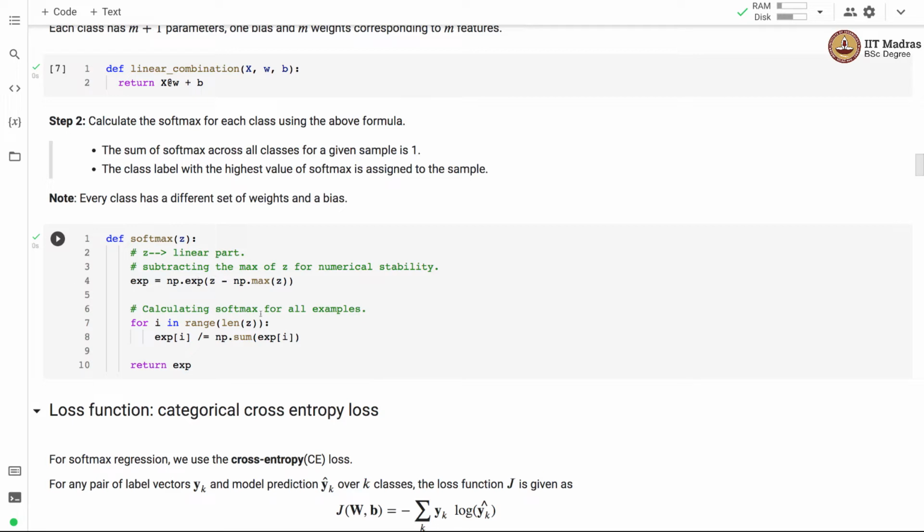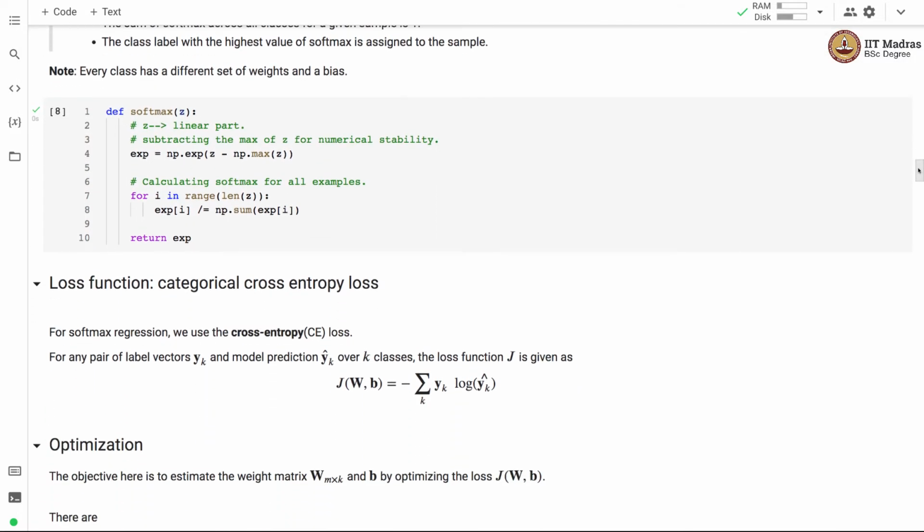We subtract the max value of z for numerical stability, and then we perform the softmax computation, which is exponential of z_i divided by the sum of exponential of z_i, and we return the softmax activation from this function.